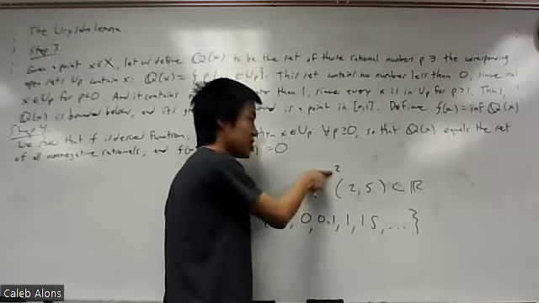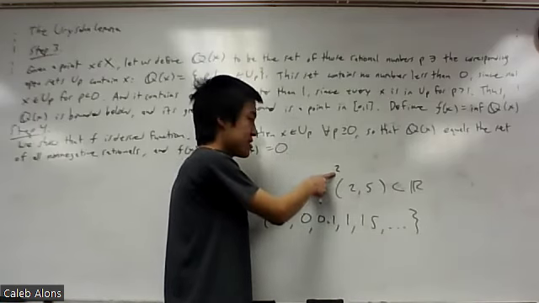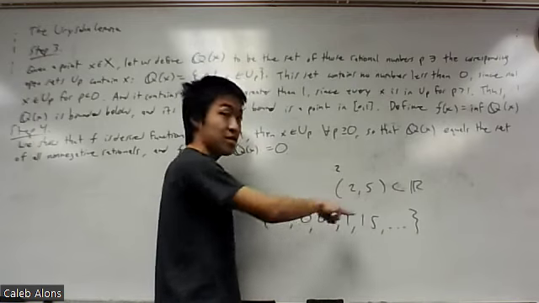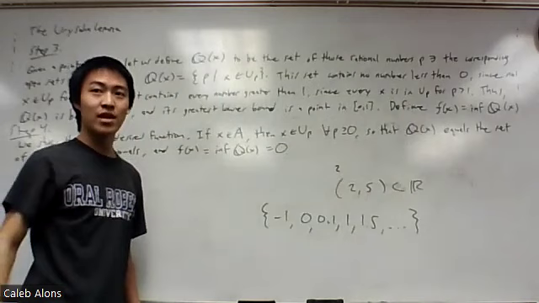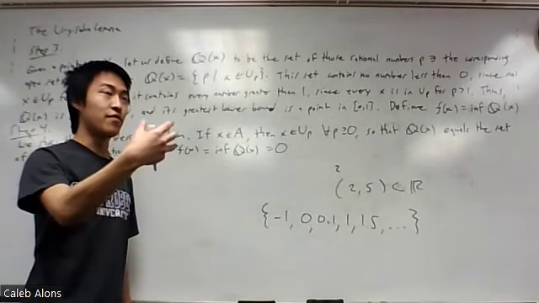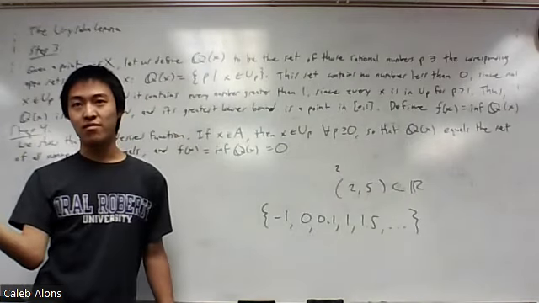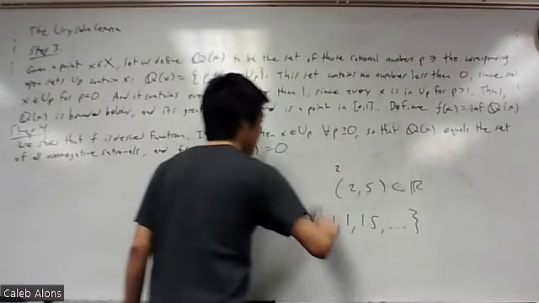There's no way I could choose an element any greater than this that still satisfies being a lower bound. So it's the greatest lower bound. It's kind of like a stronger idea of minimum that you can make on an interval.